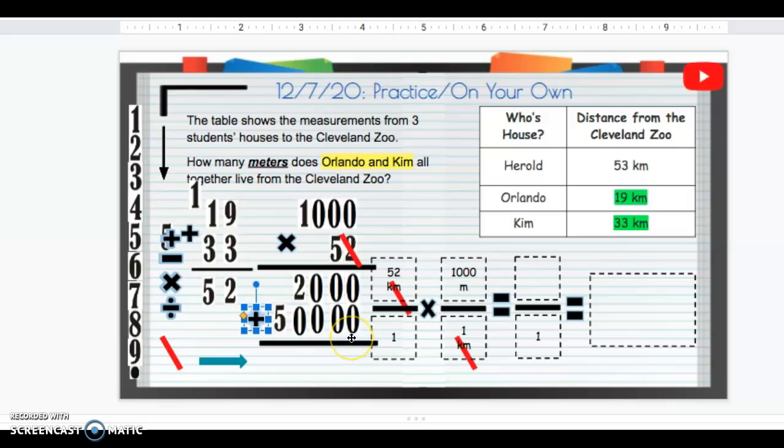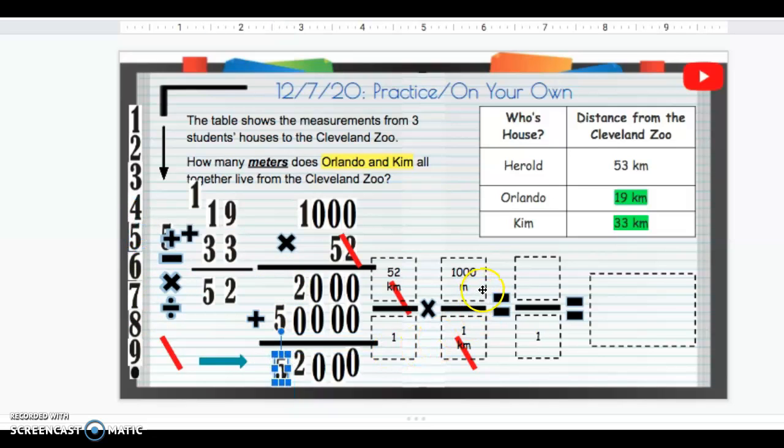0 plus 0 is 0. 0 plus 0 is 0. 0 plus 0 is 0. 2 plus 0 is 2. And then 5 with the place value that it would have a 0 there for a holder is 5.